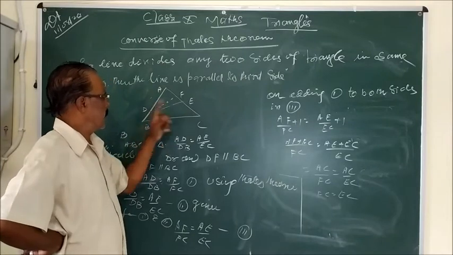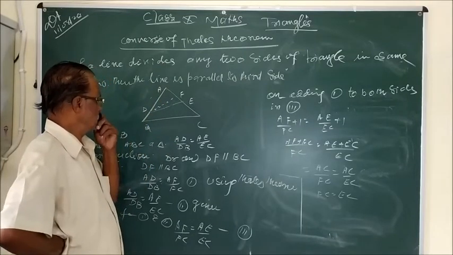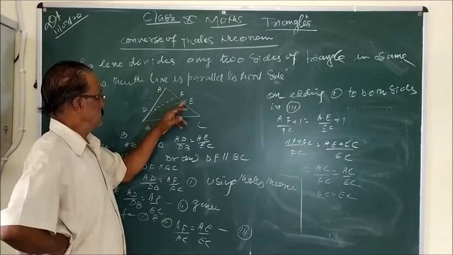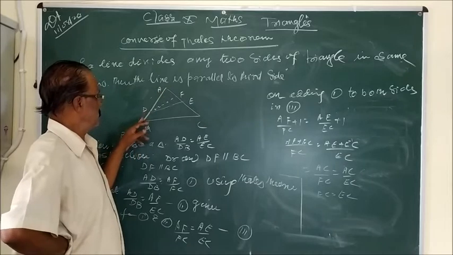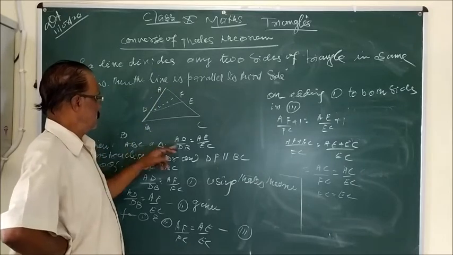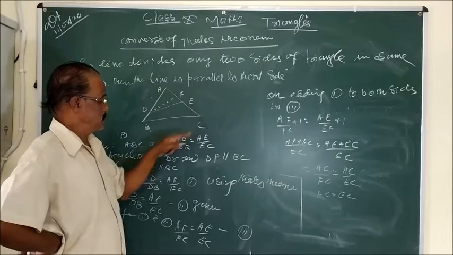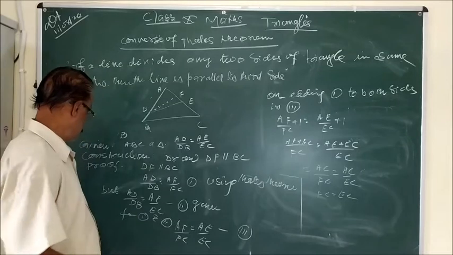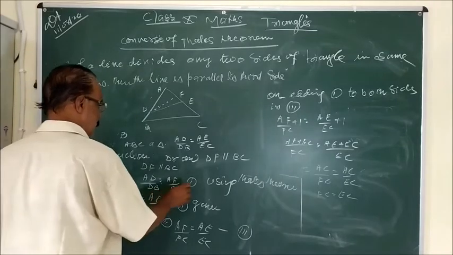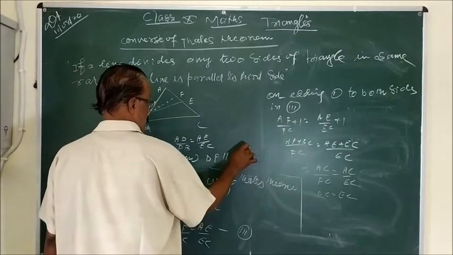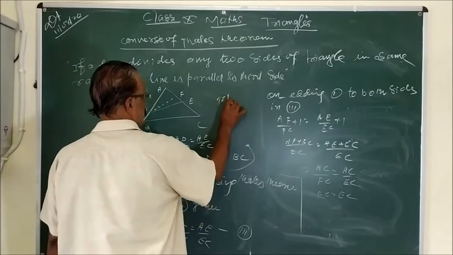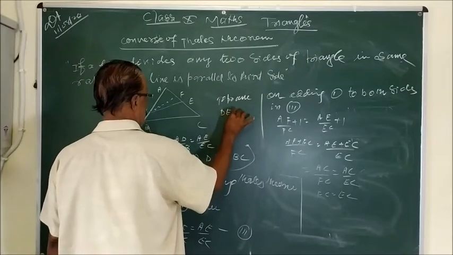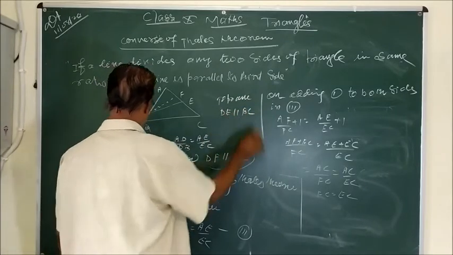Now you see the figure, triangle ABC, and DE is a line dividing the sides AB and AC in the ratio AD by DB equals AE by EC. Now you have to prove DE parallel to BC.